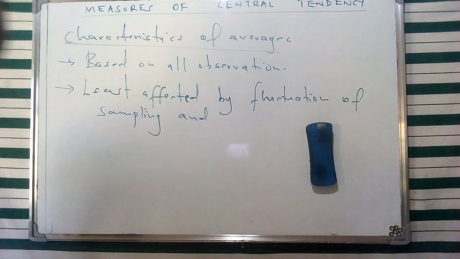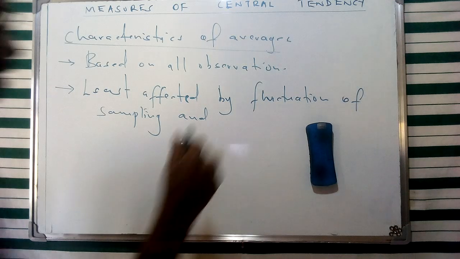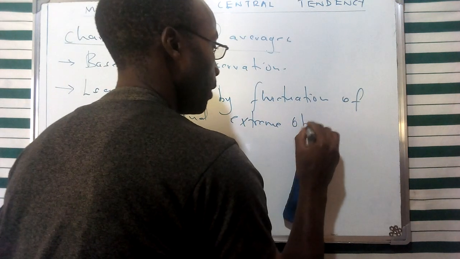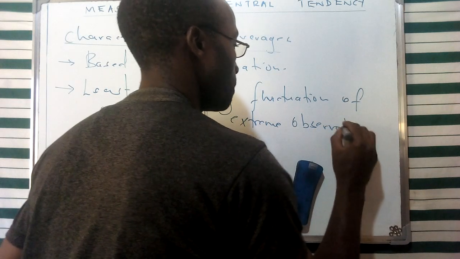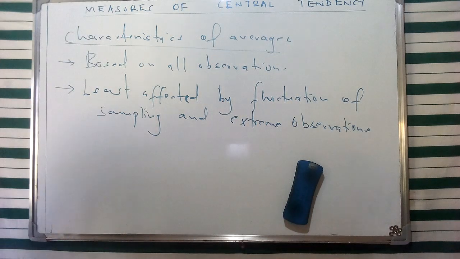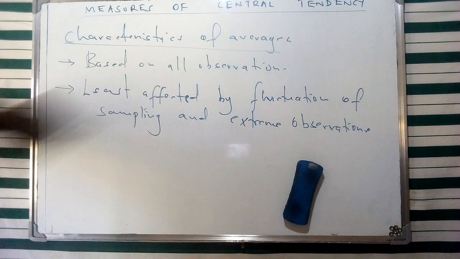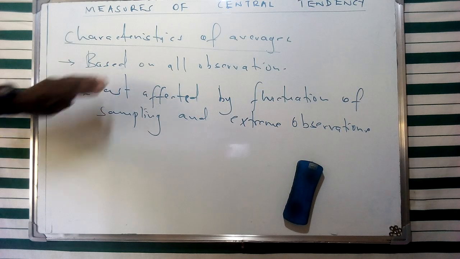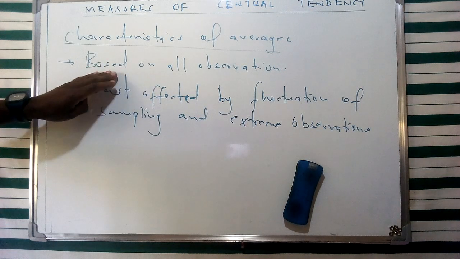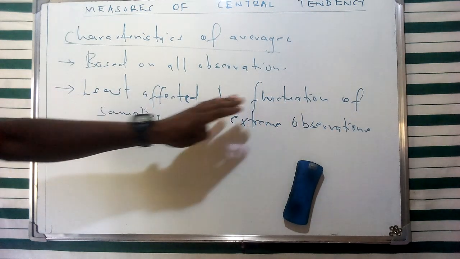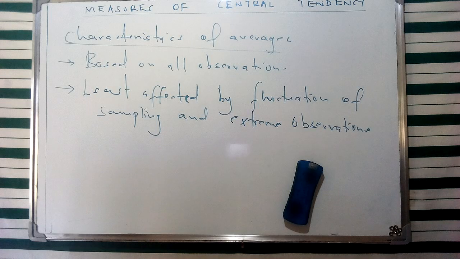And of course, I've mentioned the concept of extreme observations in this specific case. And we're going to look at this one perhaps in specific examples so that it's going to assist us understand better. So I've said that among the characteristics of these averages which are going to assist us form a good representative of a group of numbers, these averages should be based on all observations, and then they should be least affected by the fluctuations of sampling and extreme observations in that specific case.